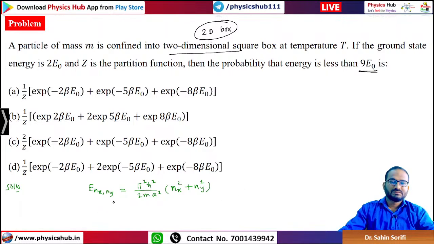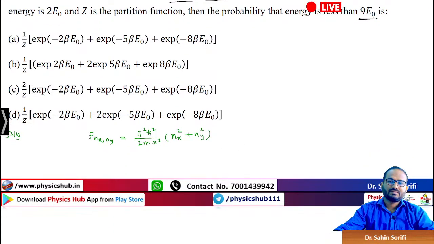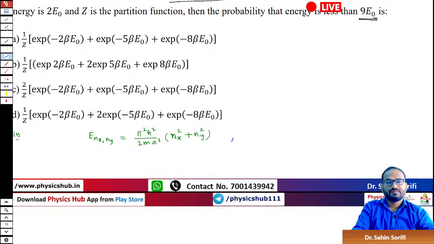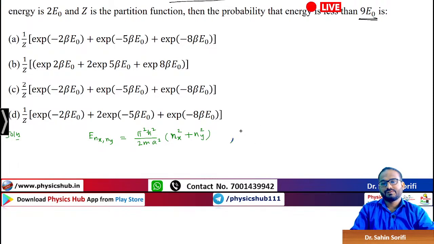Depending on the various values of nx and ny, we get ground state or excited state. Here for the particle in a box problem, nx starts from 1, ny also starts from 1. The 0 value is only for the harmonic oscillator.